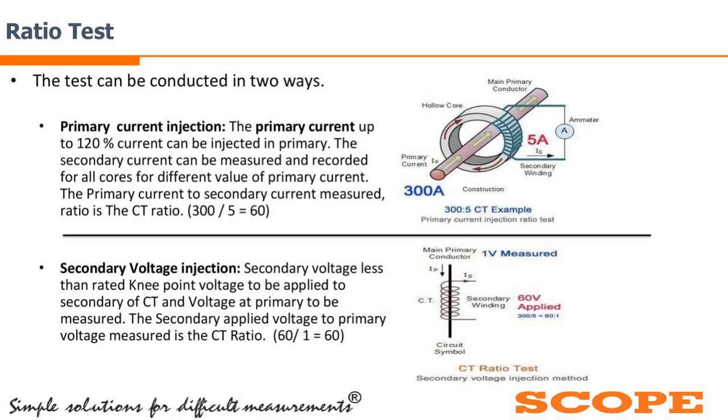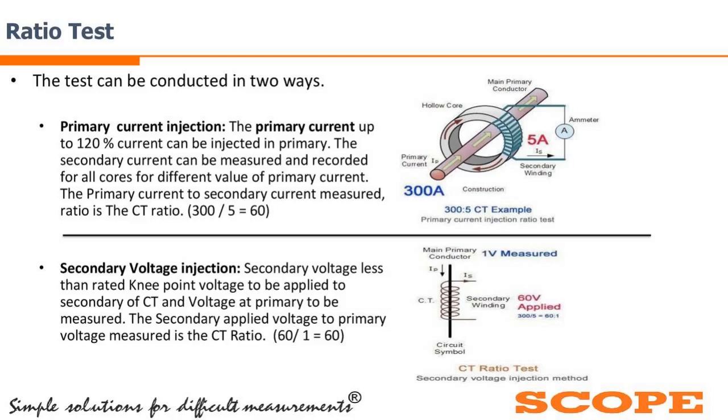But it is recommended by some standards, or manufacturers, that we should conduct the ratio test with the current method only, because this is the actual or direct method: we inject the actual primary rated current from the CT primary side, and after that we measure the secondary current. Primary current divided by secondary current is the actual ratio of the current transformer.